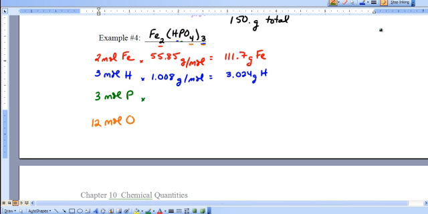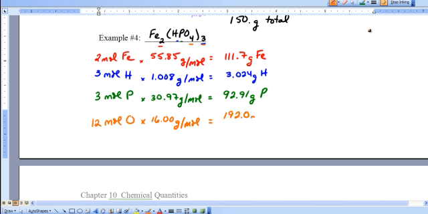The phosphorus, we have a molar mass of 30.97 grams per mole, and that's going to give us a total mass of phosphorus of 92.91 grams of P. And finally, with the oxygen, the molar mass is 16 times the 12 gives us a total of 192 grams of oxygen. So now, if we add those all up, the total mass of the compound is 399.6 grams per mole.